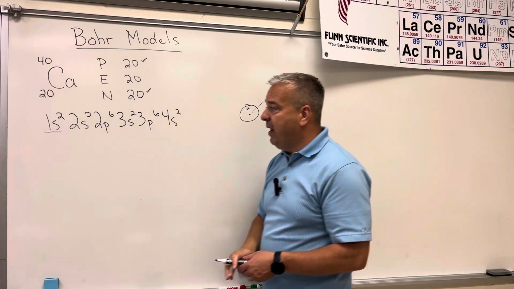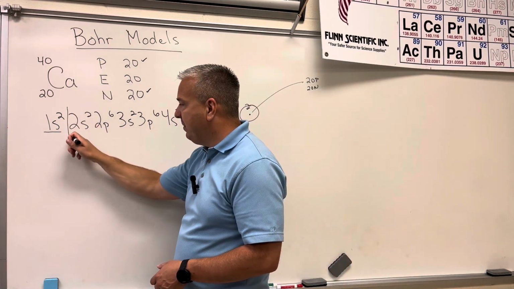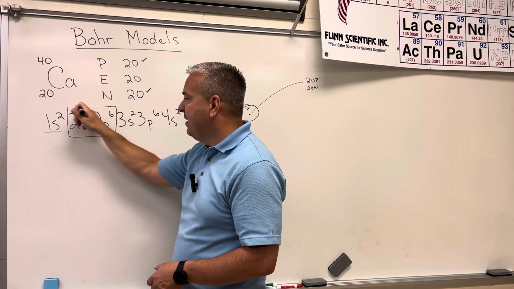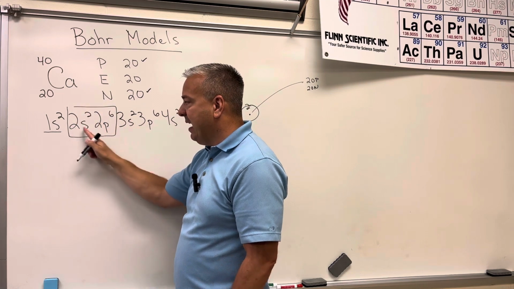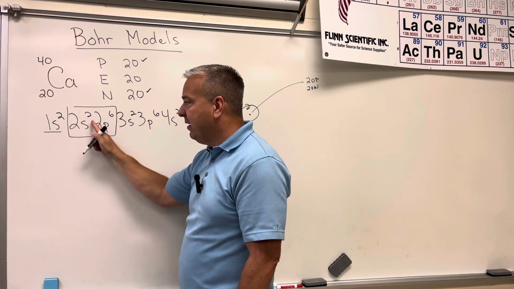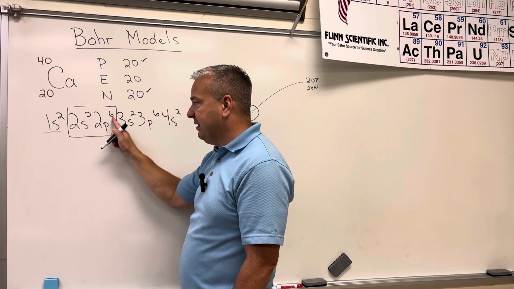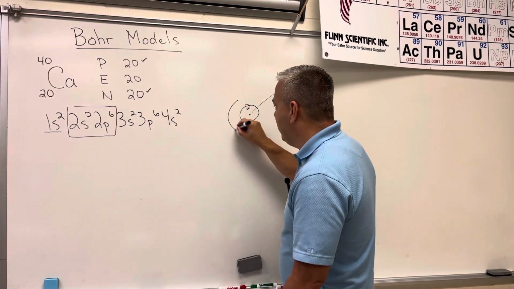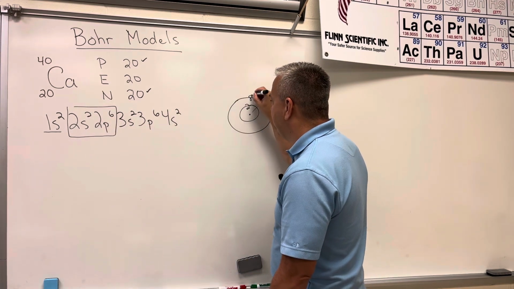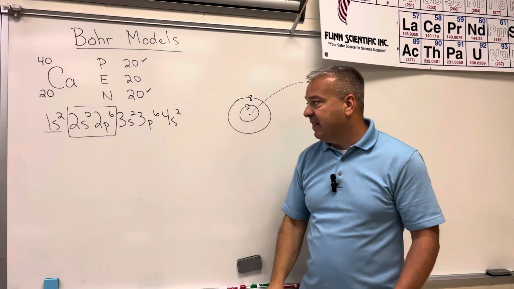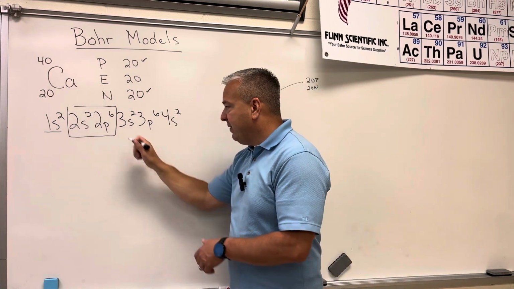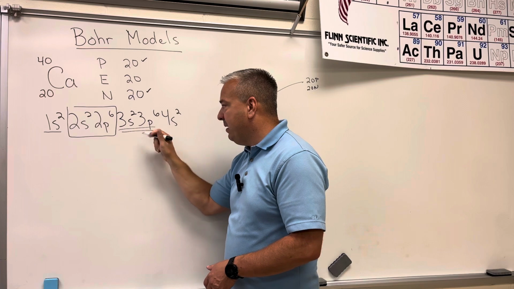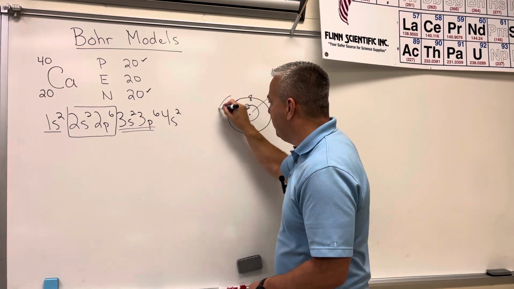The way you figure out the second ring is I'm going to just box in everything that has a big 2. This is saying these things are on the second ring. There's 2 electrons here and 6 electrons here. So that means there are going to be 8 electrons on the second ring. The third ring is going to be the 3s and the 3p. Once again, 2 plus 6 is going to be 8.